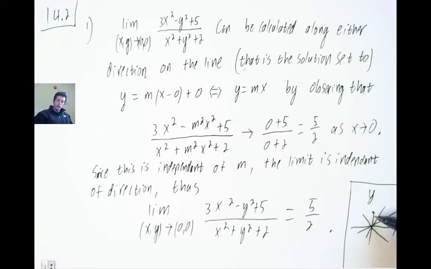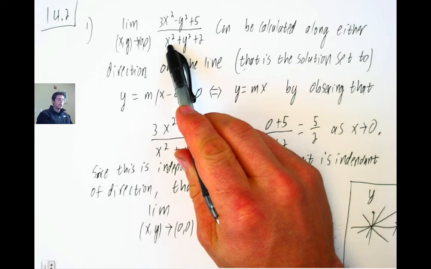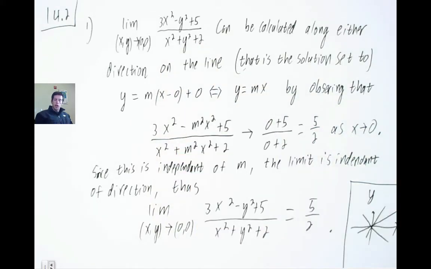So if I were going to consider the paths, the directions that are along the line that is the solution set to x is equal to 0, then what I would do is set one of these two variables, x, to 0, and then calculate the limit as y went to 0 also. Now, I'm just not going to be quite that careful.